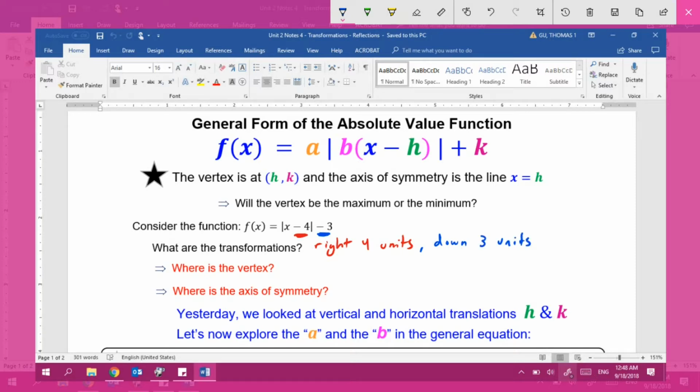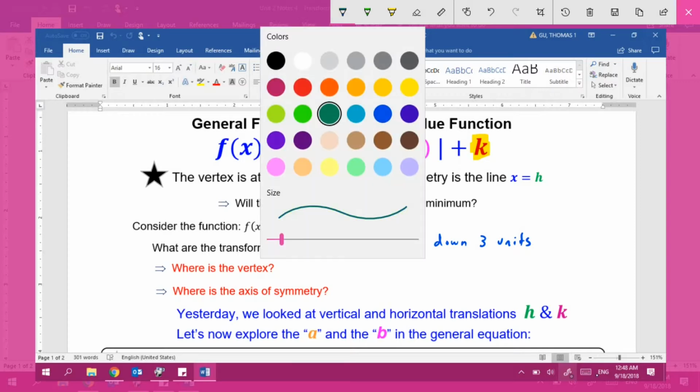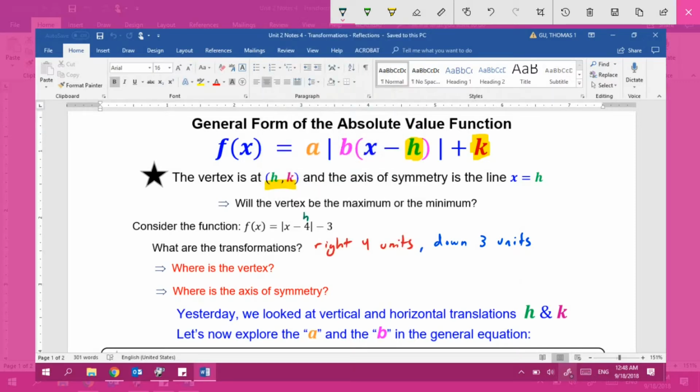All right, good. Now, where's the vertex? Looking at our equation, we can tell where the vertex is because look up here. Our vertex is at h, k. H is inside our absolute value, and k is on the outside. So that means my h, in this case, is right here. It's the 4. And my k is out here.